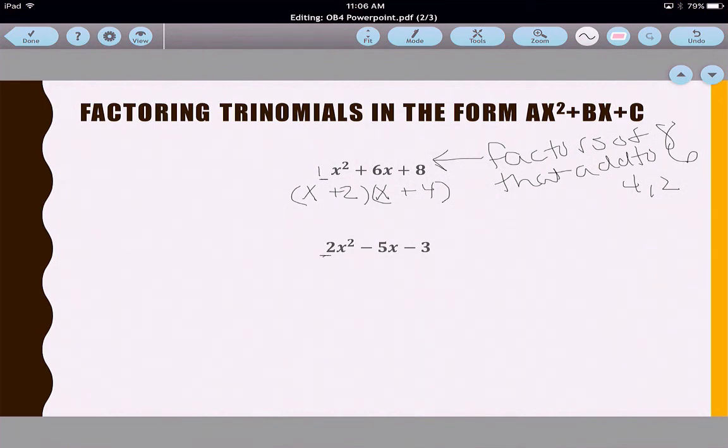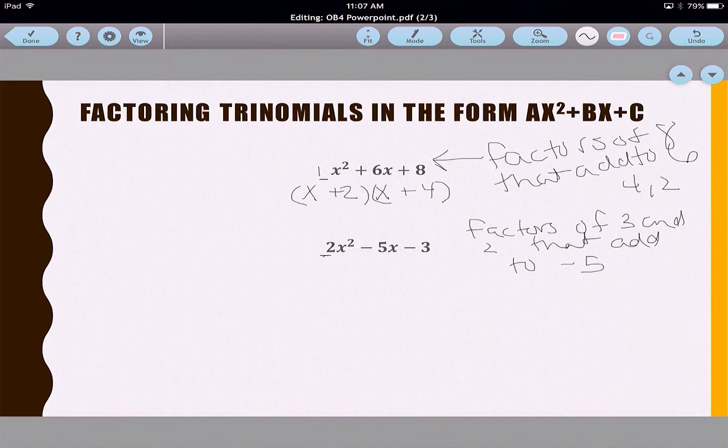Here we have a 2x squared minus 5x minus 3. Now, we can't pull out a GCF because 5 and 3 are not divisible by 2, so we're kind of stuck. So this time, we want to look at factors of 3 and 2 that add to negative 5, or subtract to negative 5, depending on how you look at it.